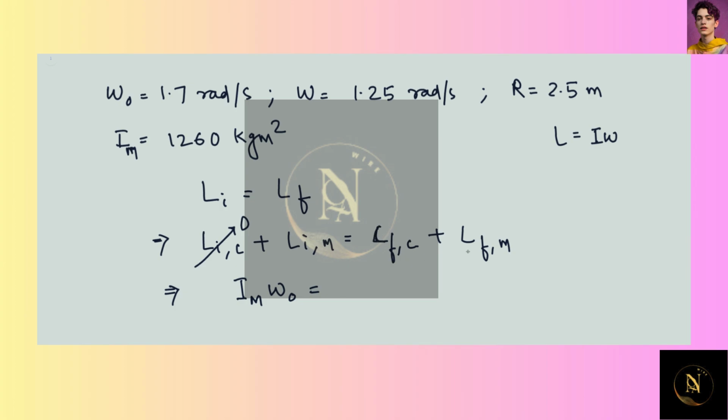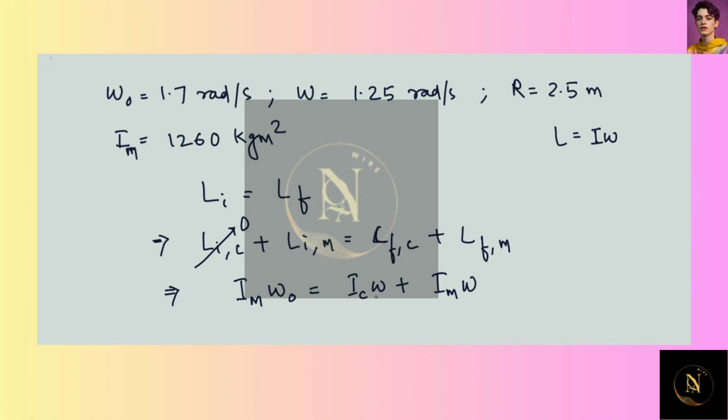LfC plus LfM, and LfC is the moment of inertia of the child times omega, where omega is the final angular velocity after the merry-go-round slows down, and also LfM will be equal to Im times omega.